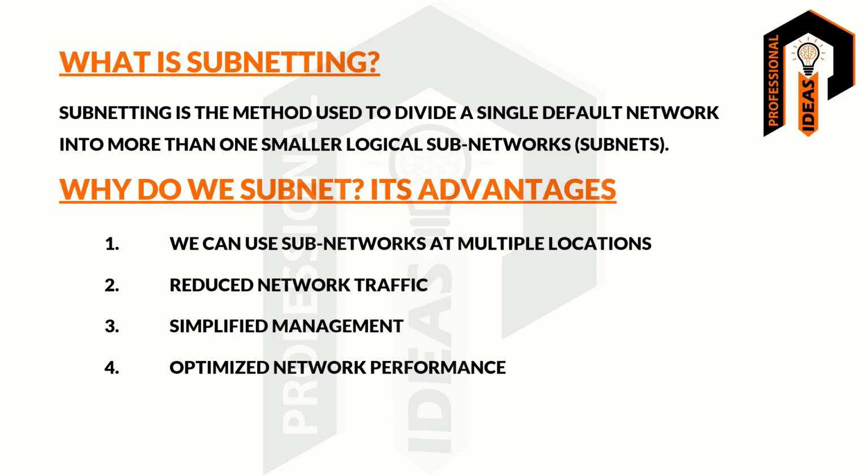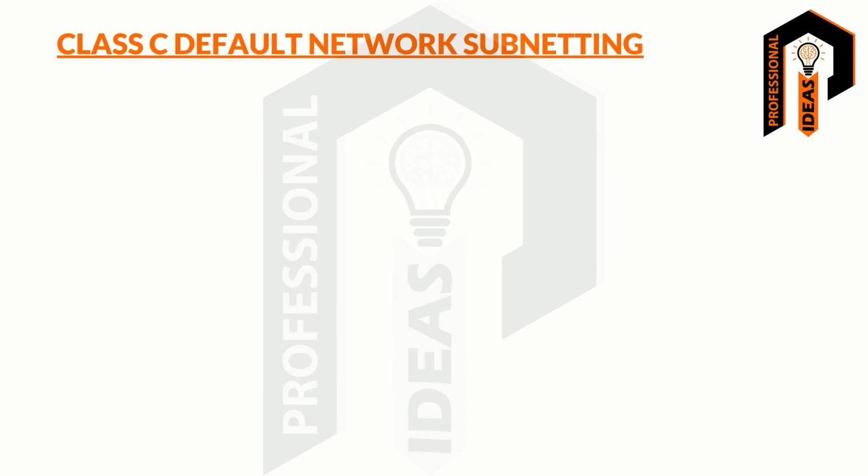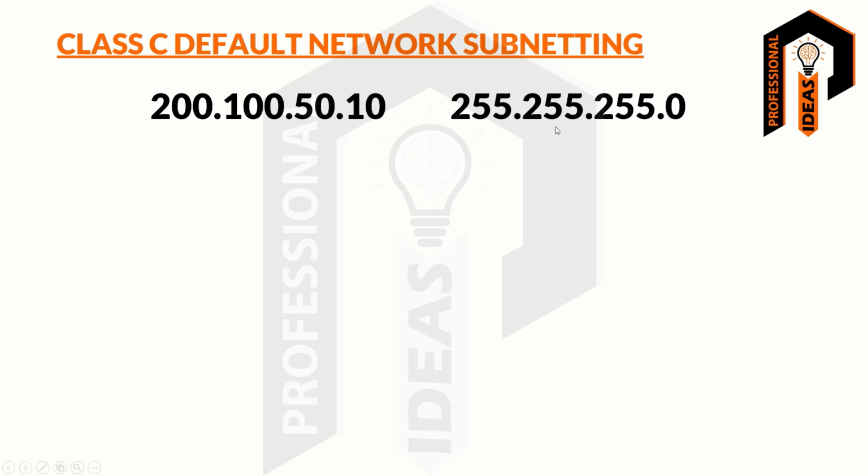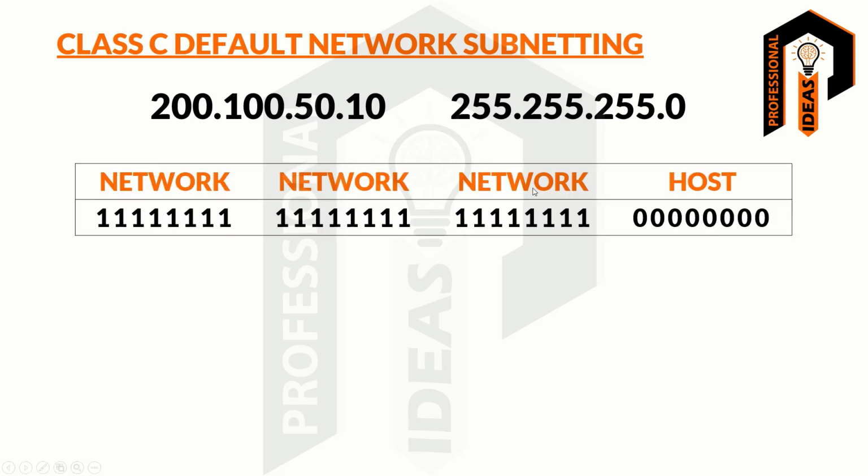That's enough detail. Now let's see how to subnet. The IP address 200.100.50.10 belongs to a class C network and its default subnet mask is 255.255.255.0. If we convert this subnet mask into binary, we can see that there are 8 bits all set to 0 in the host segment.